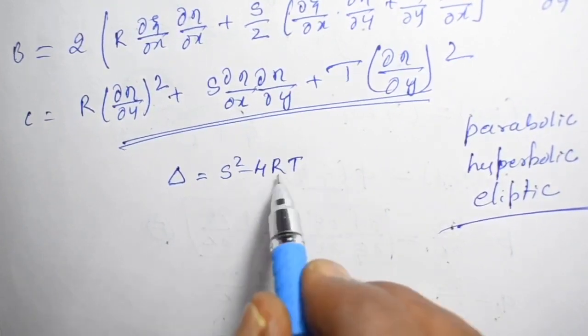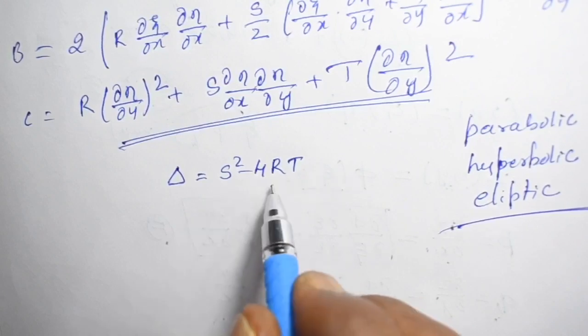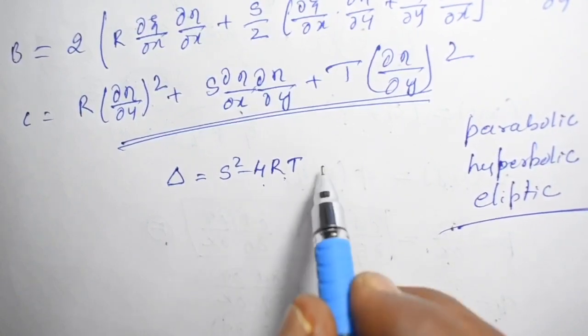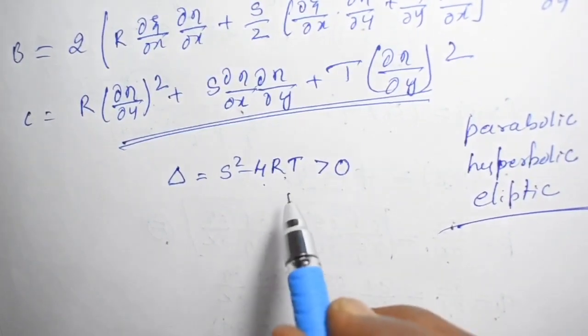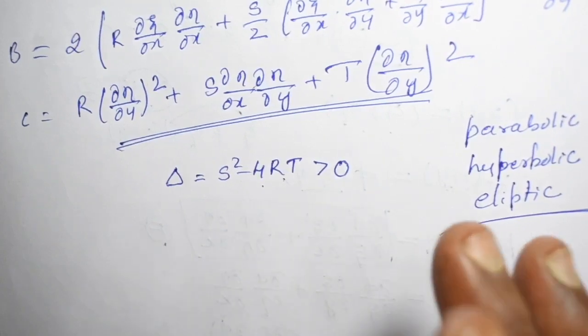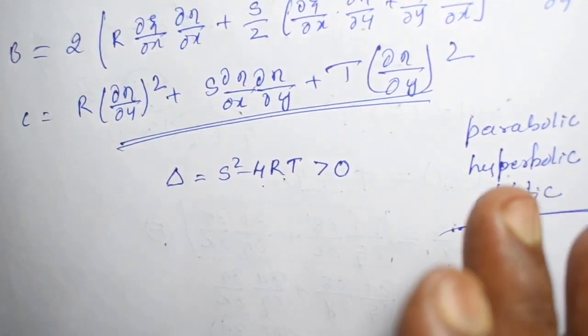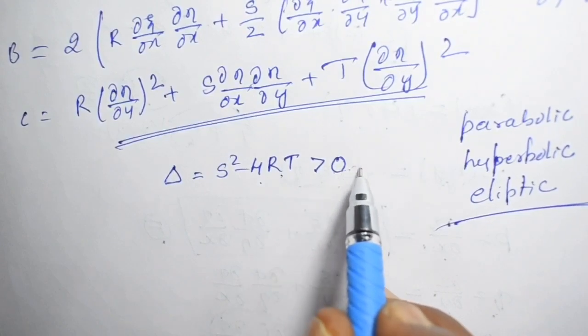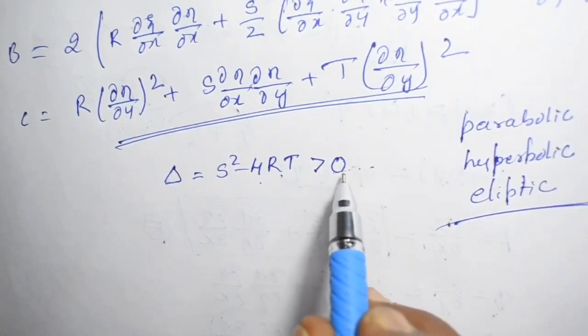So these are the coefficients in the partial differential equation, right? If this discriminant is positive after the substitution, then the nature of the given partial differential equation is hyperbolic.